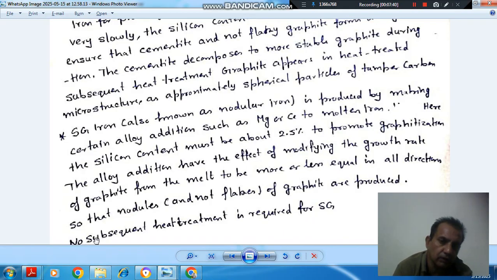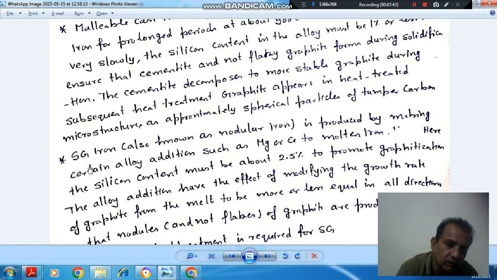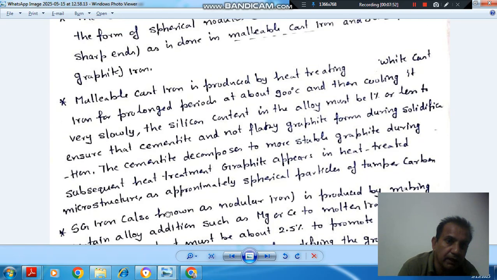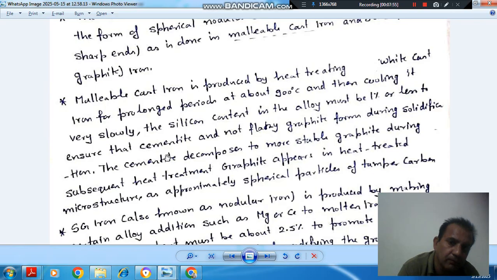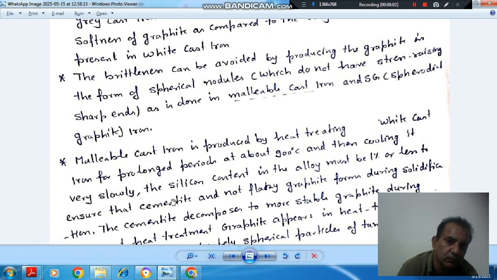So SG is formed by increasing silicon content and promoting graphitization, forming nodule shape. And malleable cast iron is produced by producing cementite first, reducing silicon content, and then converting cementite into graphite nodules.